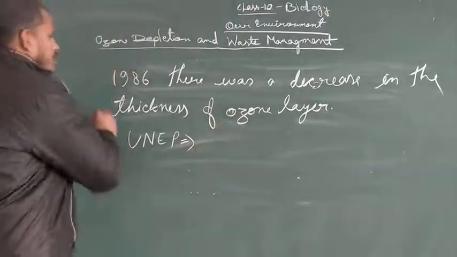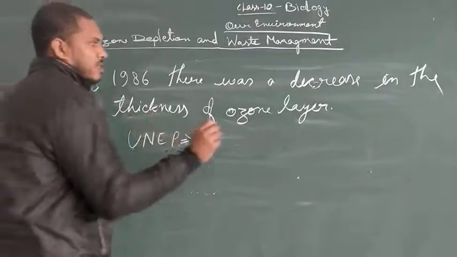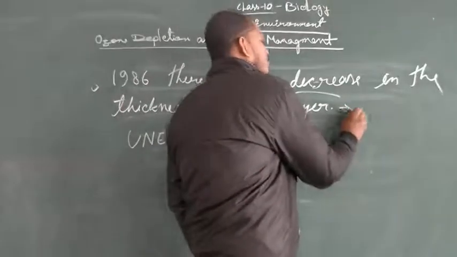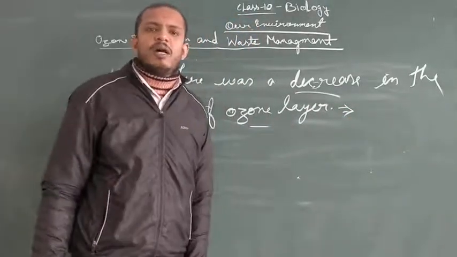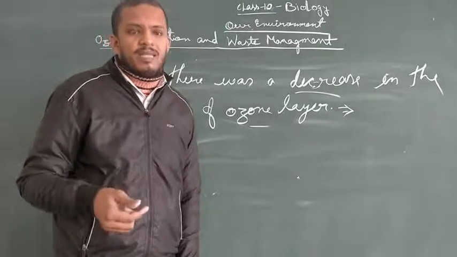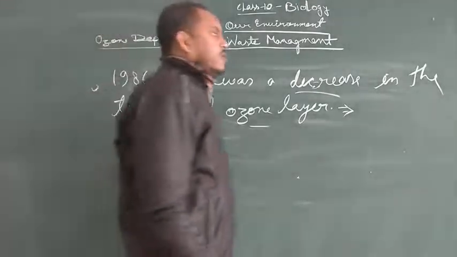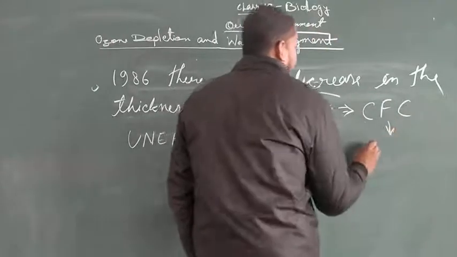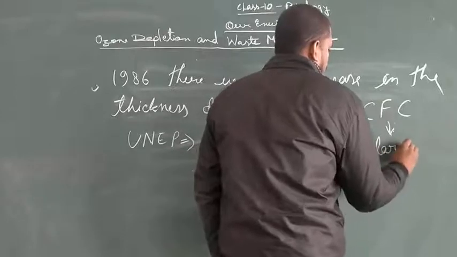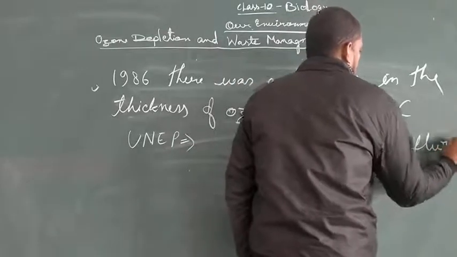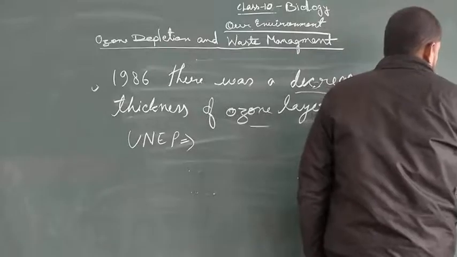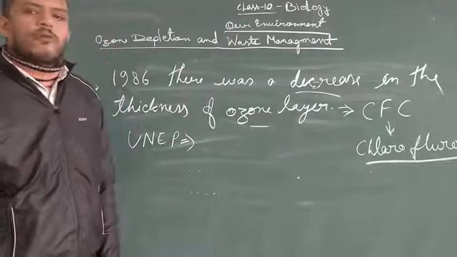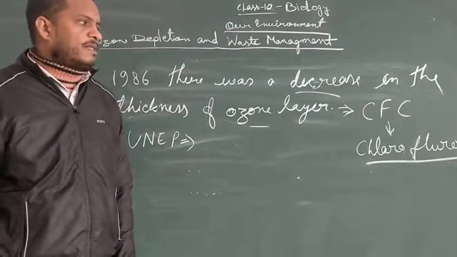It was noted that there was depletion, a decrease in the thickness of the ozone layer, and it was found that the reason behind the thinning of the ozone layer is the release of CFC, which stands for chlorofluorocarbon.